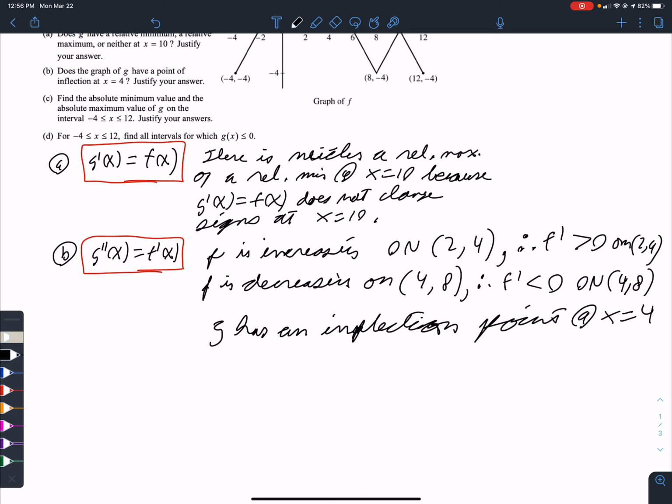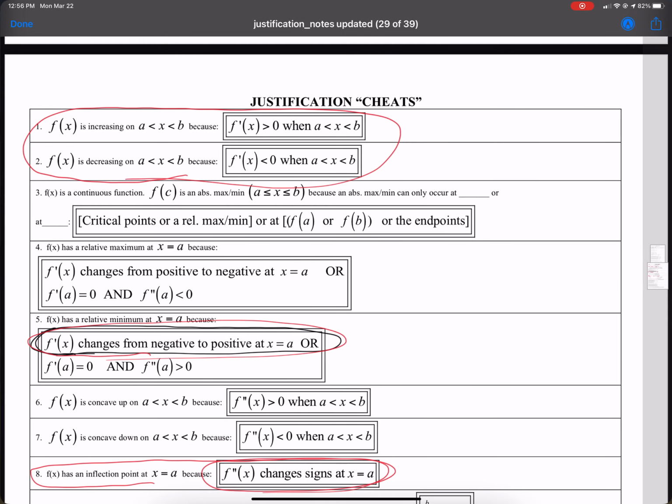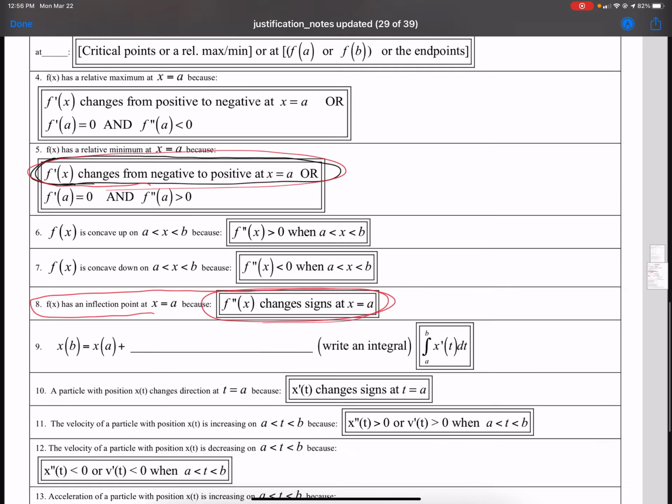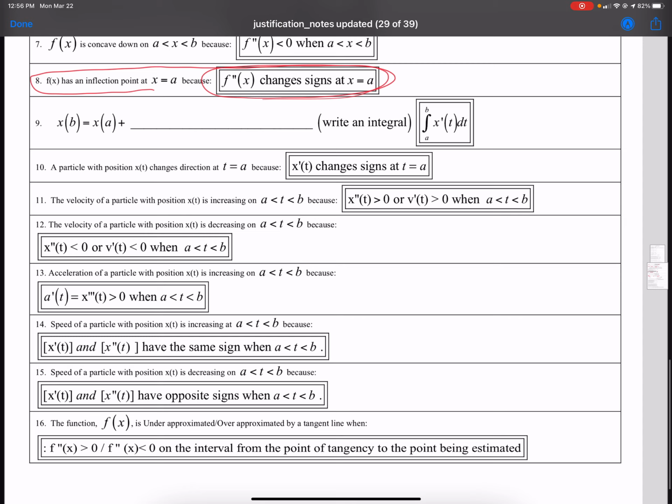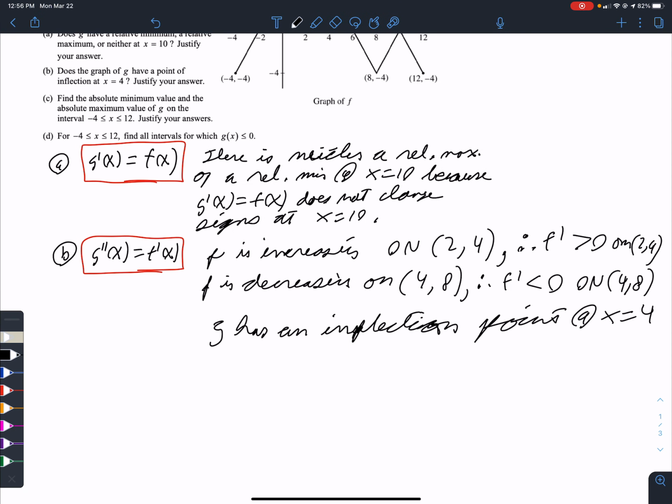Why? I need a justification. What's the justification for an inflection point? Again, if the second derivative changes signs. That's what I need to say. Does the second derivative change signs? Yes. So here's the justification.